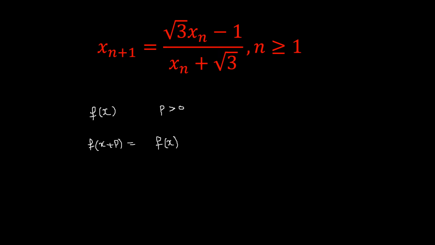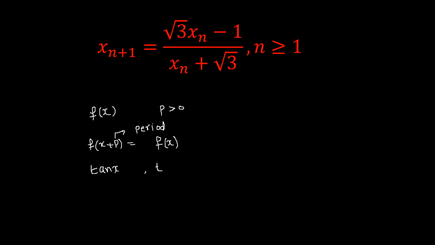this p is known as the period of this periodic function, because the function repeats its values after some interval. For example, for the function tangent x, the smallest number that can be added to x so that the tangent function repeats its values is pi.